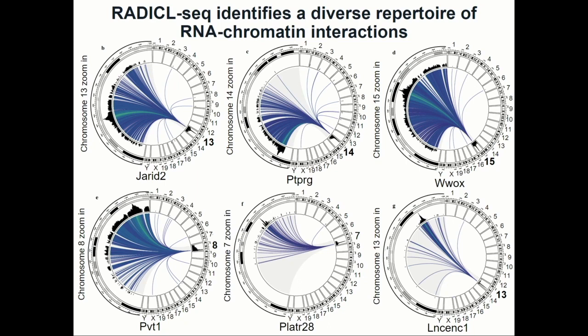So they are transcribed from a location here, for example, on chromosome 13, and we expand here the target site on chromosome 13. We see that sometimes they bind their own locus, but sometimes they also distribute in various regions along the chromosome, and those patterns are different.